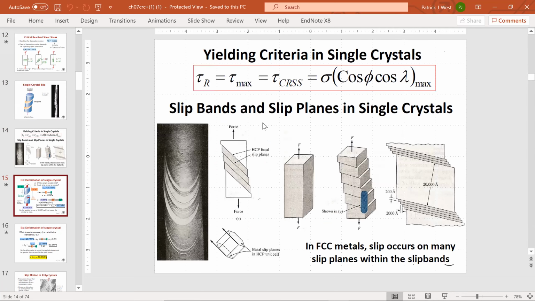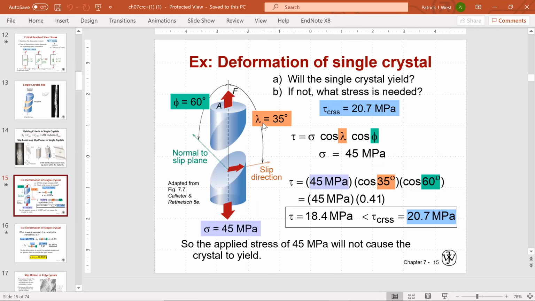And if you are a math person, there is a mathematical example here. We apply a stress in the y direction that is 60 degrees and 35 degrees from the slip direction and the slip plane.